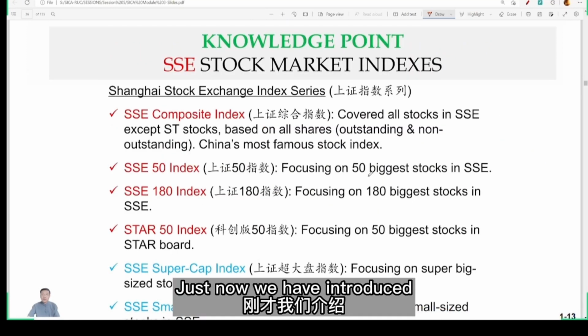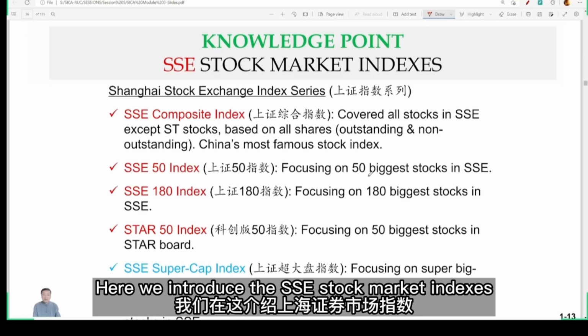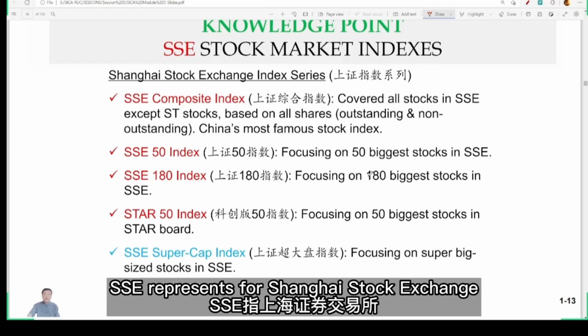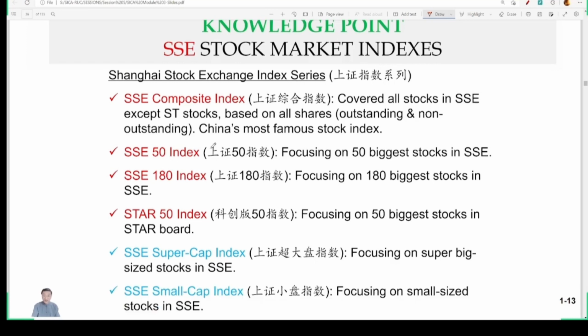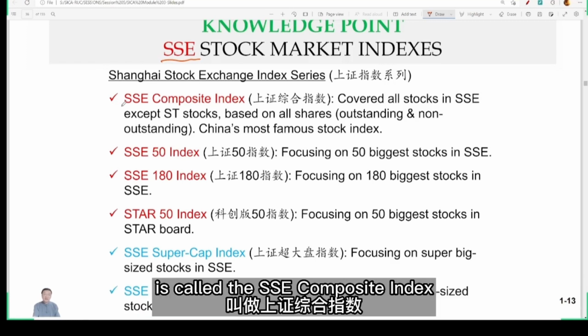Just now, we have introduced the CSI Stock Market Index series. Here, we introduce the SSE Stock Market Indexes. Here, SSE represents Shanghai Stock Exchange. The most famous one in Shanghai Stock Exchange is called the SSE Composite Index.